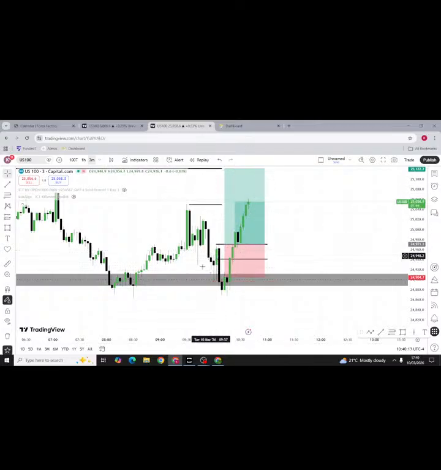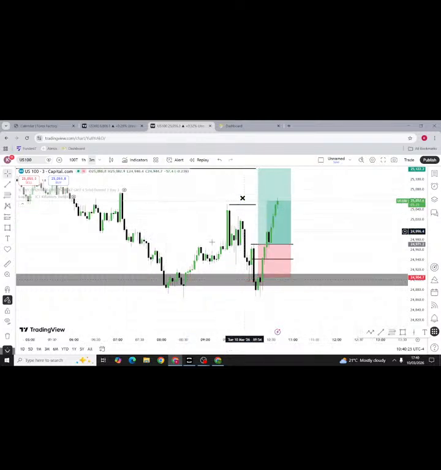Yo, this is clean. Right here someone can take some partials. We've taken out this liquidity. One can take a partial and perhaps wait for price to retrace back again, because I think we can come up to this area I've marked around here. That's a very logical place to come back to.